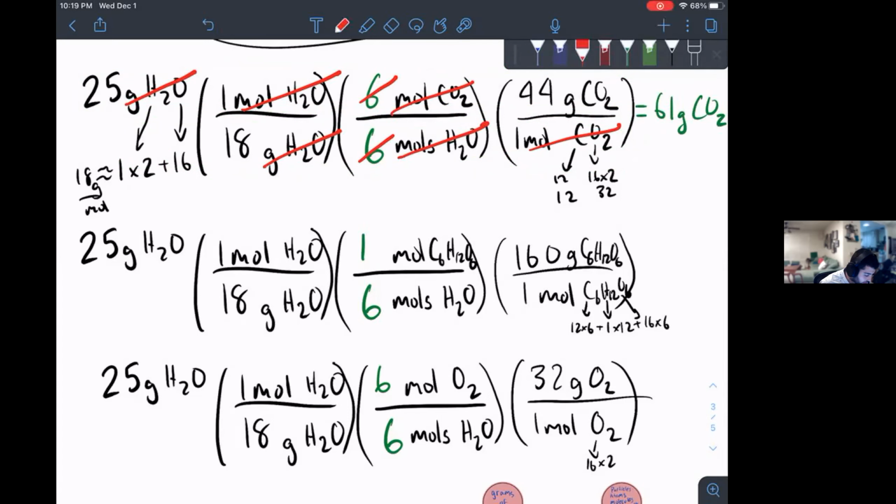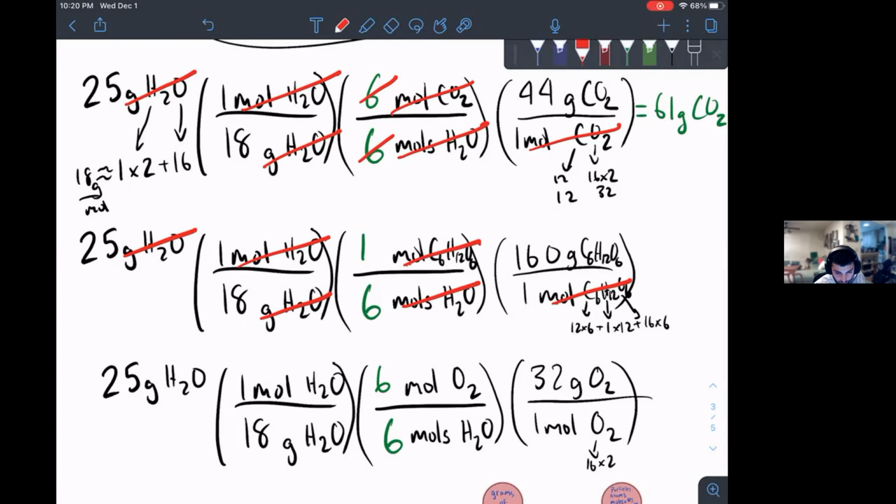Once again, for the problem below, we'll go for grams and grams, moles and moles, moles and moles, so we can cancel out all our units. This time we can't quite cancel out our 6 and 6. Whoops, turned off my calculator.